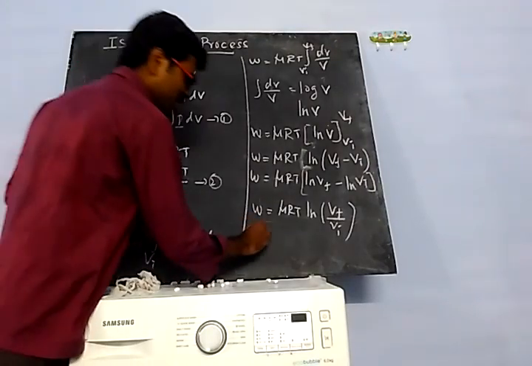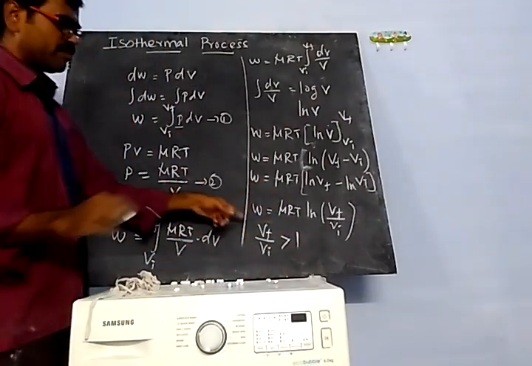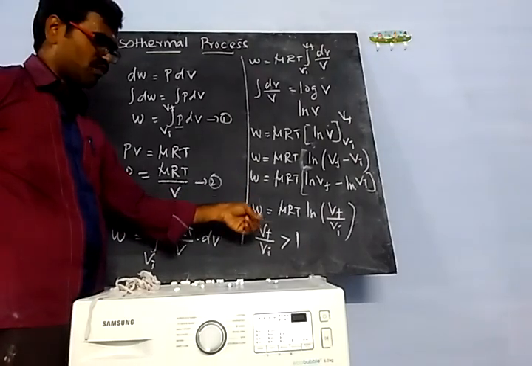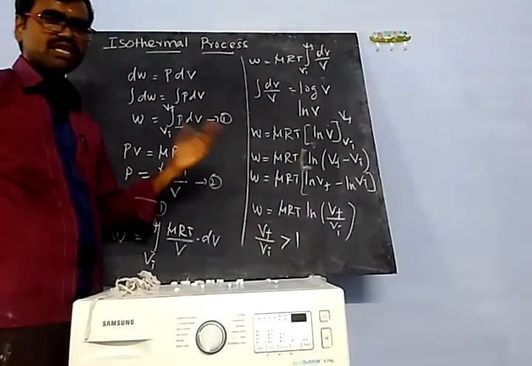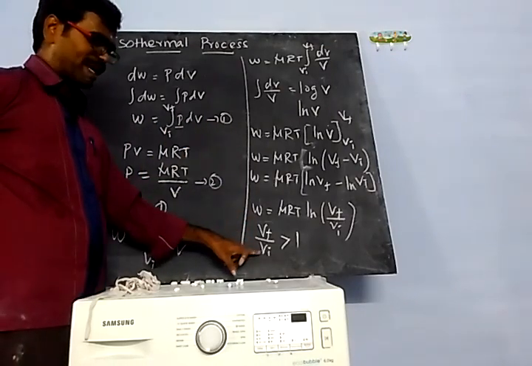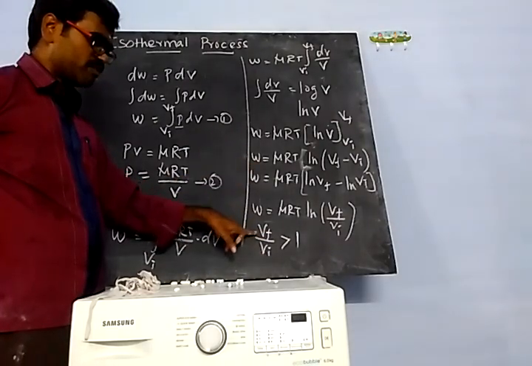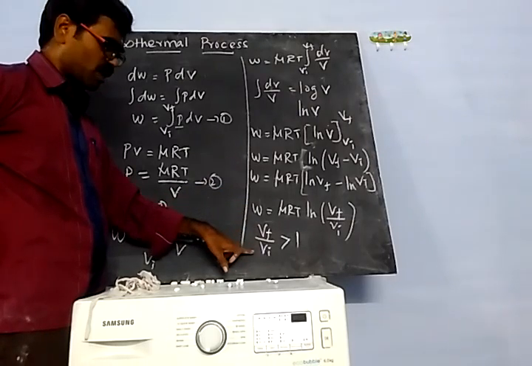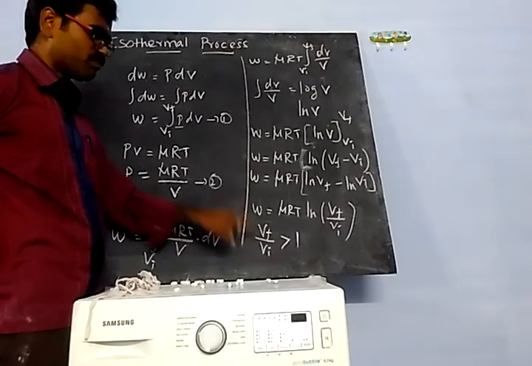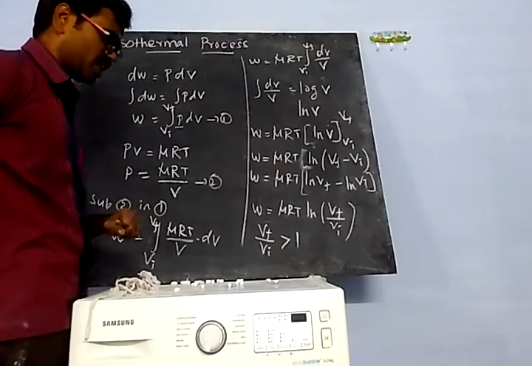Here VF by VI is greater than 1. That means the volume is increasing; the final volume is greater than the initial volume. So this process is called isothermal expansion, where the volume increases. So VF is greater than VI, so VF divided by VI is greater than 1.